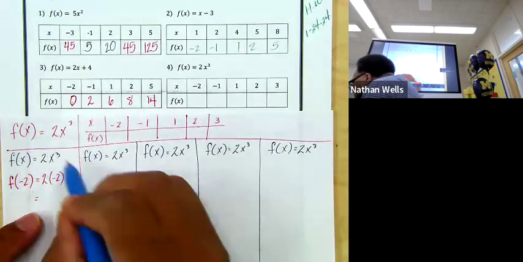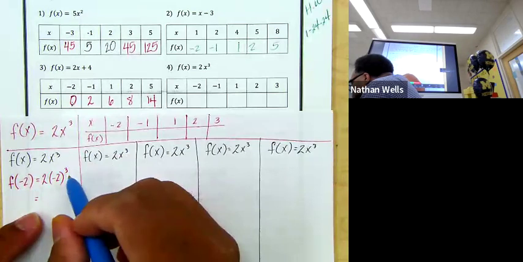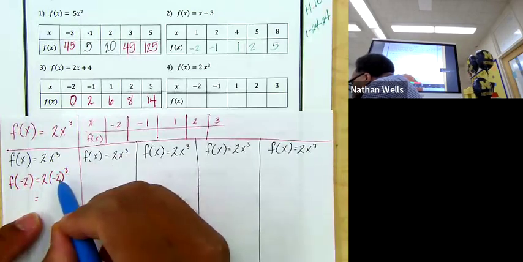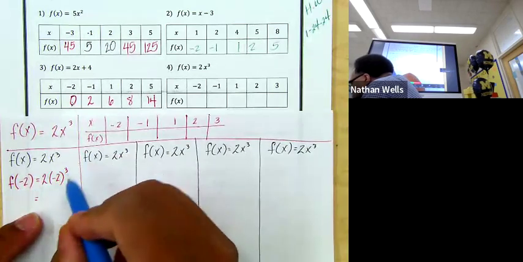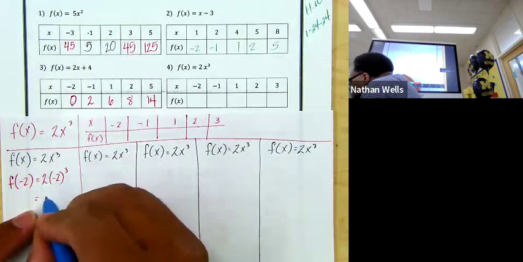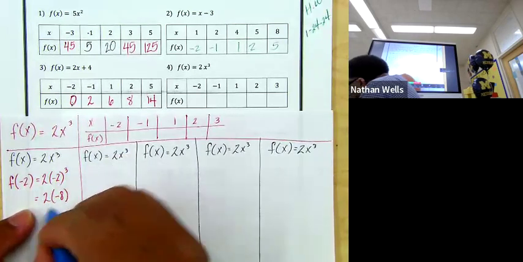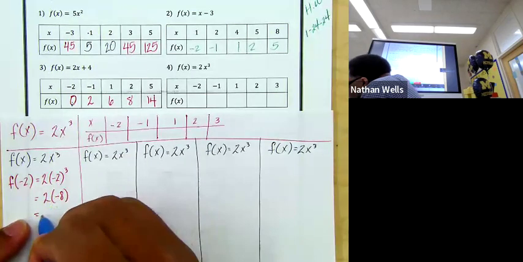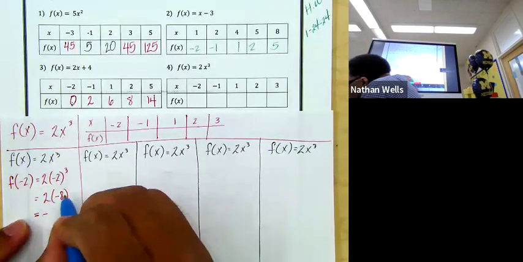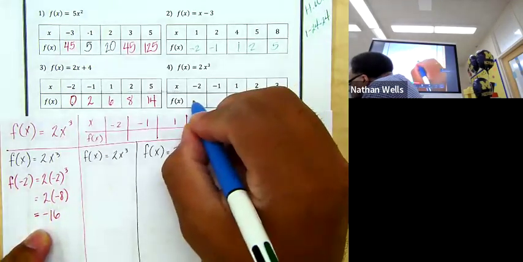Well, order of operations says do your exponents first. -2 times -2 times -2. -2 times -2 is a +4, and then +4 times -2 is a -8. 2 times -8, remember, a positive times a negative is a negative, is -16.